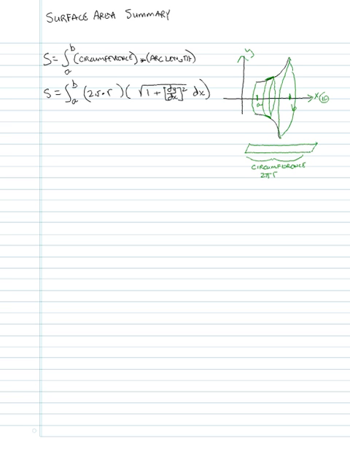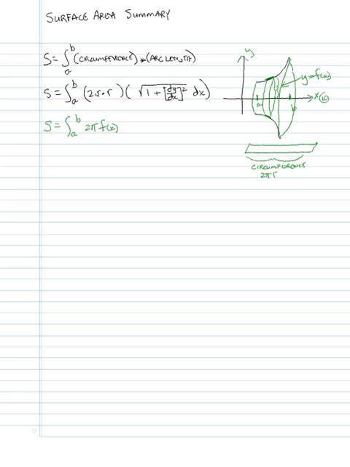And the radius is this value right here, that distance. That's a y value, and so we represent that with f of x. And so we end up with our integral from a to b of 2 pi times our r value of f of x.